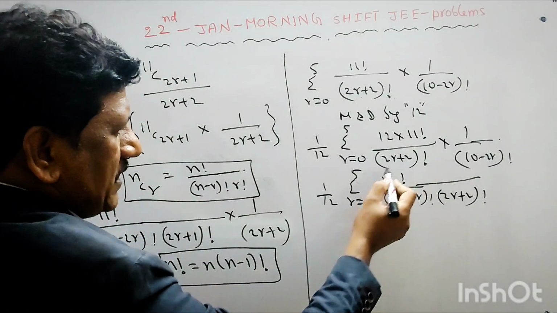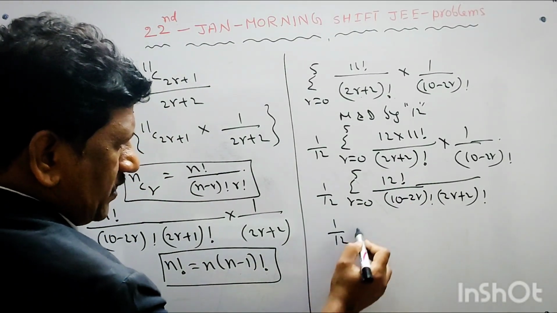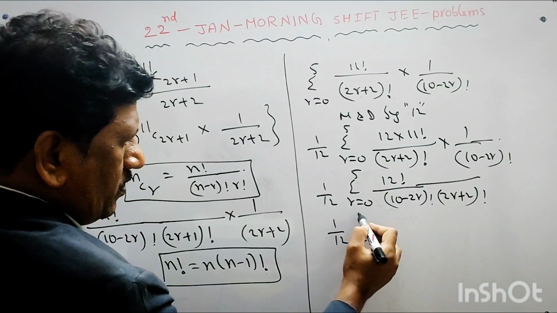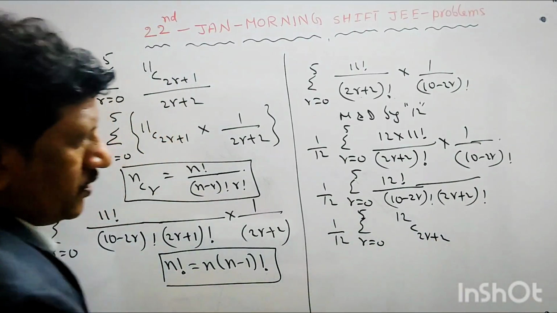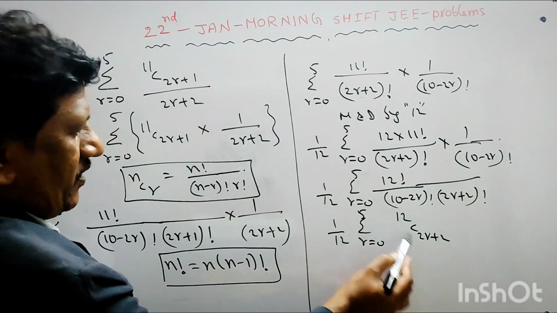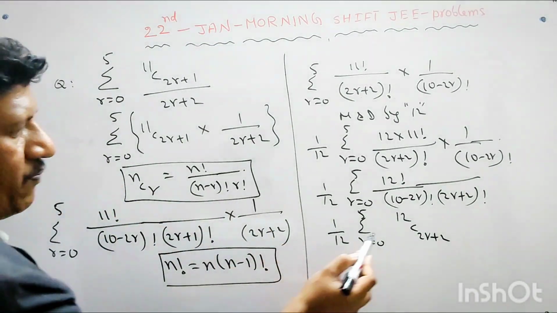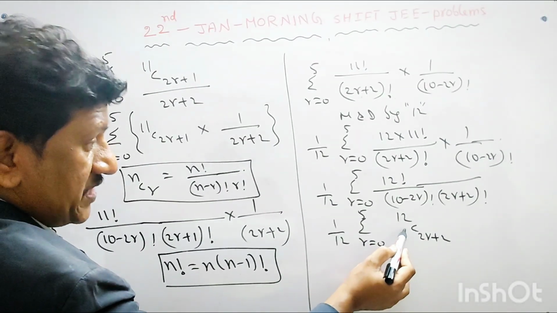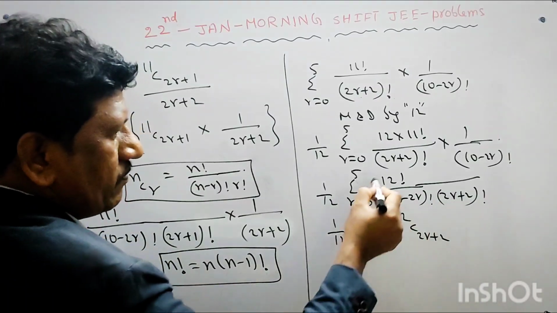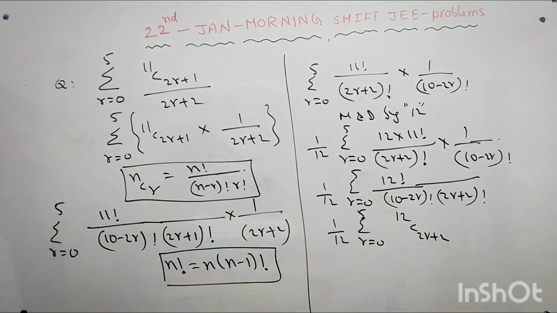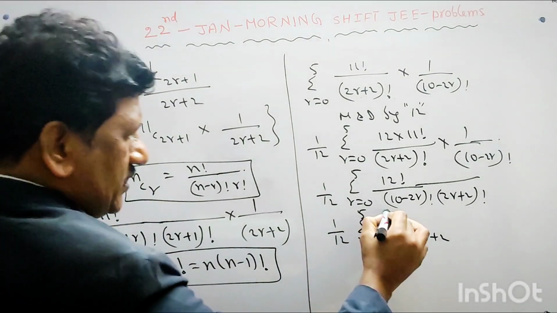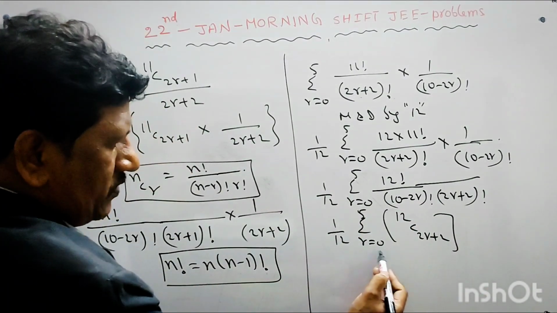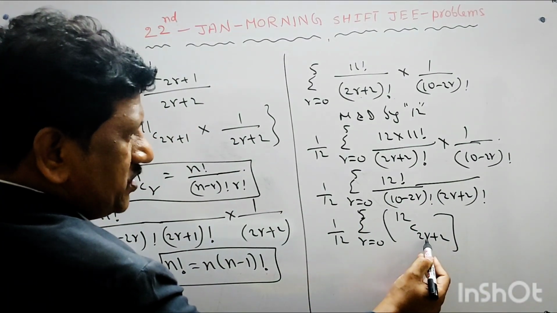In place of that entire step, we can write 12C(2r+2). This is looking like the nCr formula. If you apply the nCr formula for this step, you will get the same answer. Then in place of r, take 0, and so on.